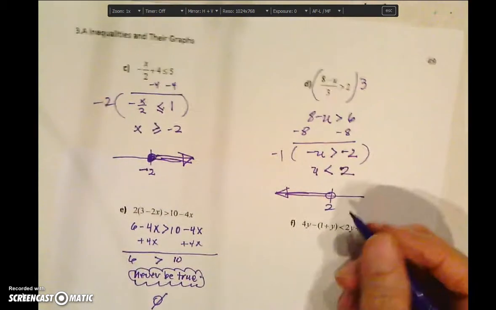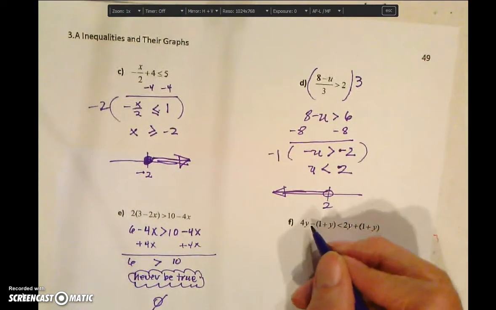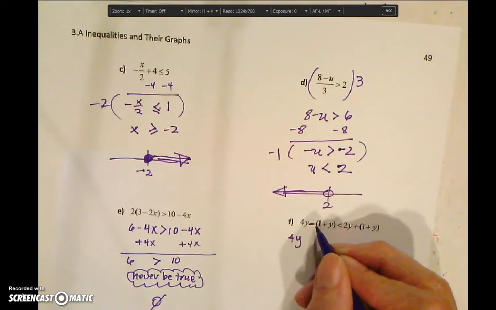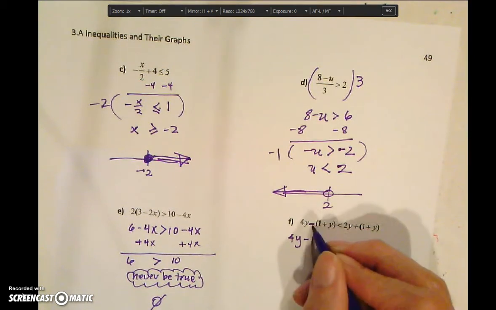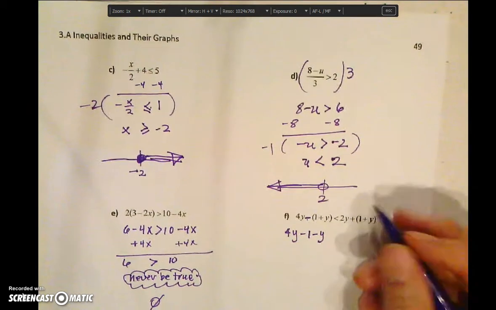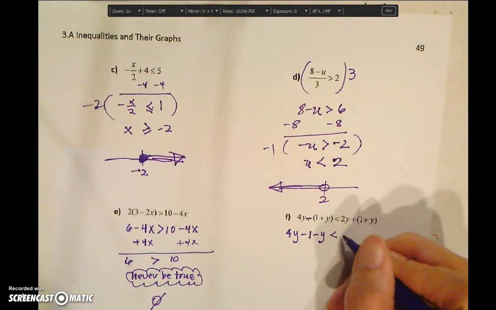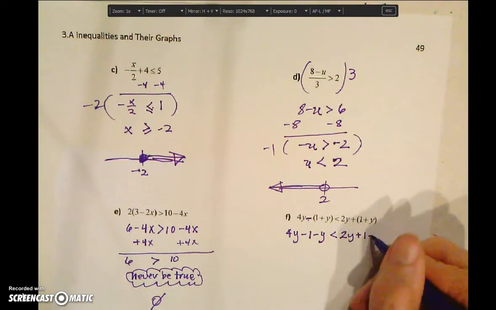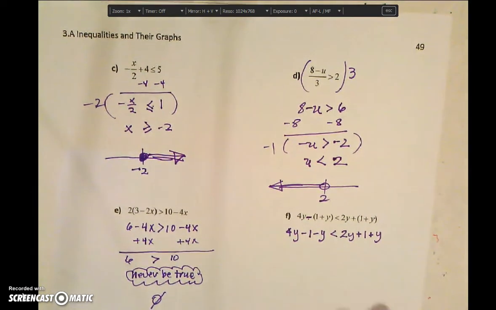F, again, I want to distribute, and this time I've got this minus, so that's a good chance for us to remember that when I have a minus in front of the parentheses, I subtract the 1 and I subtract the y as well. Then it's less than 2y, then plus the 1 and plus the y, and I get this.